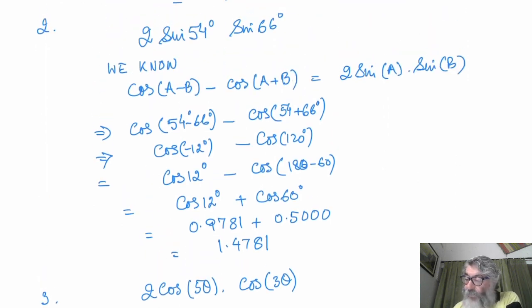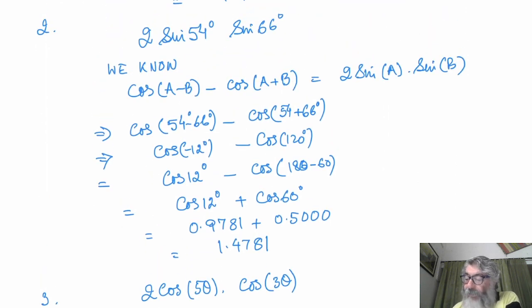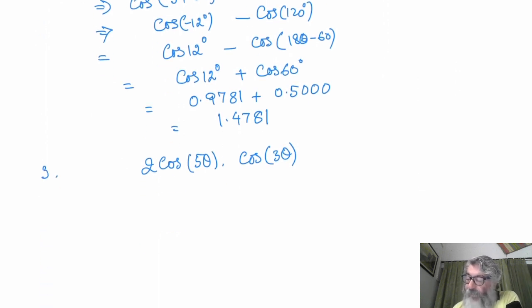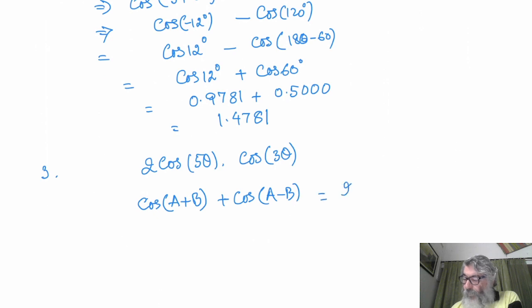Like in this case, both sines were there, then cos A minus B minus cos A plus B could come. Here it could come cos A plus B plus cos A minus B is equal to 2 cos A cos B.